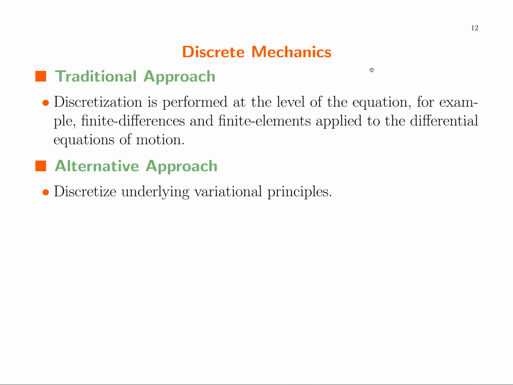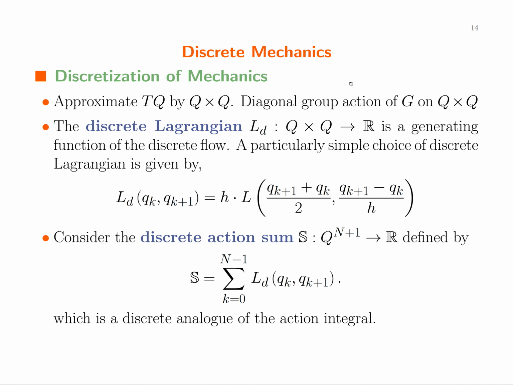All right, so in any case, you have a discrete Lagrangian now, which is a map from two copies of the configuration space to the reals. And you can think of this as a generating function of some discrete time flow map. A particularly simple choice of such a discrete Lagrangian is given by the following expression.